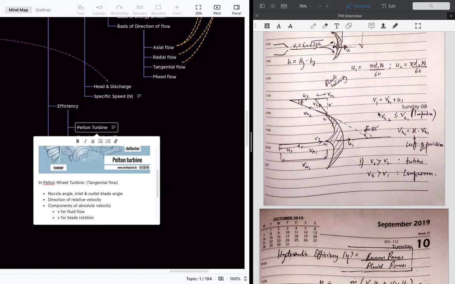Okay. So as we know, V1 absolute velocity is equal to VR1 plus U1. What happens is that for an impulse turbine, the relative velocity at the outlet should be less than the relative velocity at the inlet.